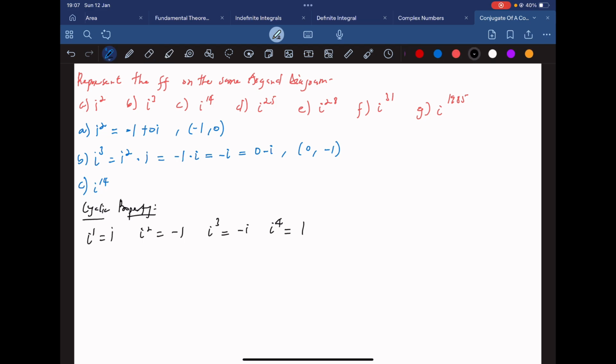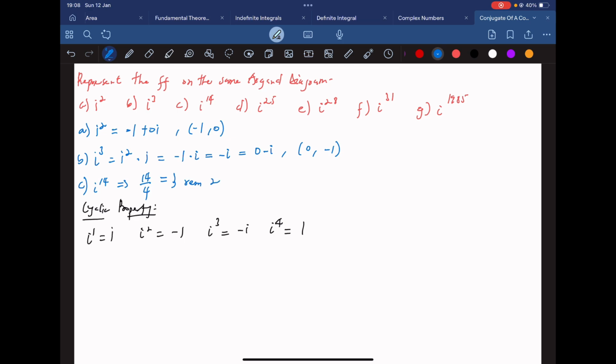So that is the cycle, right? So if you have i exponent 14, to simplify this, all you have to do is first divide 14 by the cycle. In this case, we have 4, right? If we divide, you are going to have 3, then remainder 2.